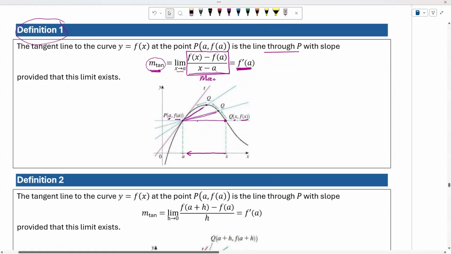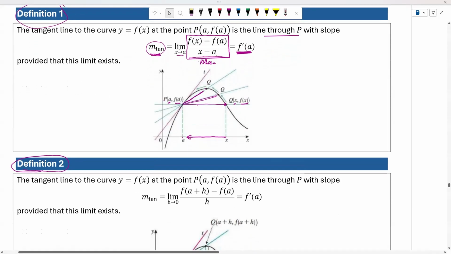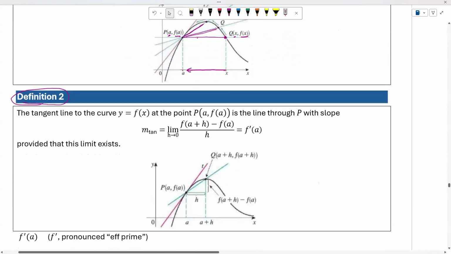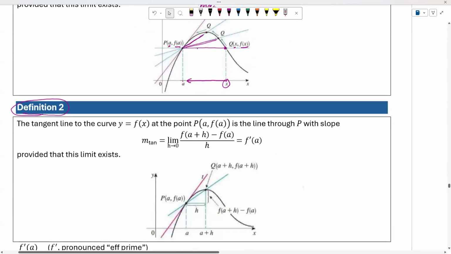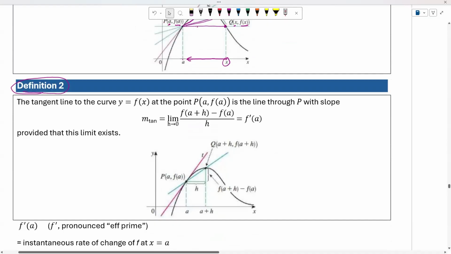We have another way to talk about the definition of the slope of the tangent. Instead of giving you x, I give you the distance, again, h. So I have this from a to a plus h now. In this case, this point will be a plus h, f of a plus h.